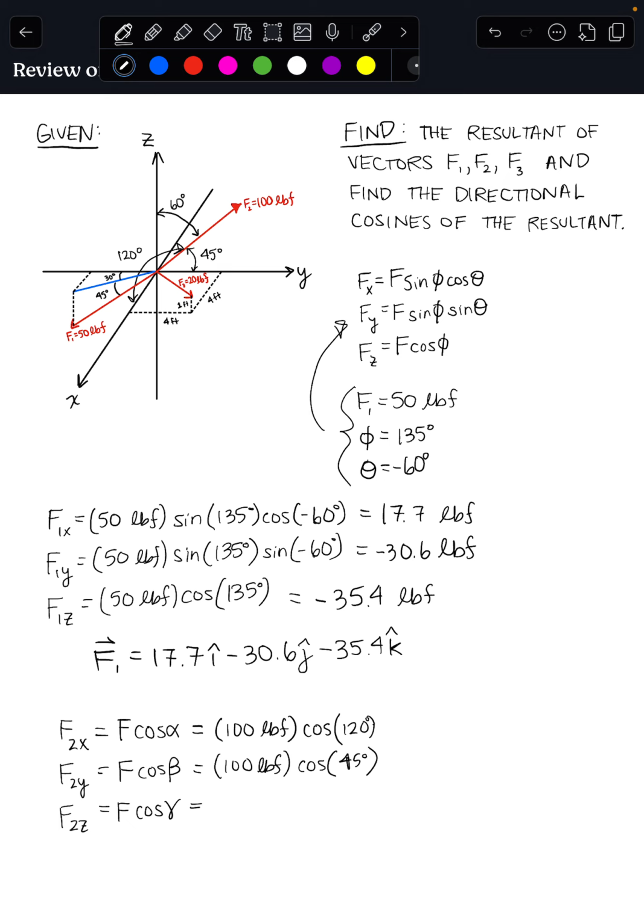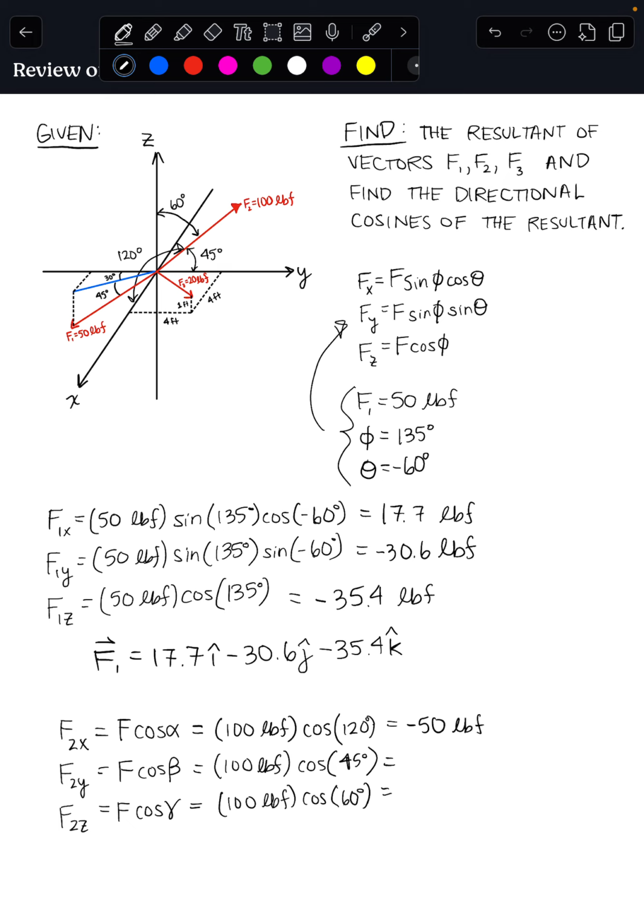And lastly, we have our 100-pound force multiplied by the cosine of gamma, the angle that it makes with the positive z-axis, so that's the 60 degrees. Okay, so let's plug those numbers into the calculator. 100 times cosine of 120 is negative 50 pounds.